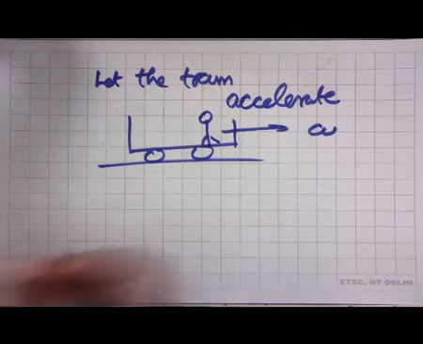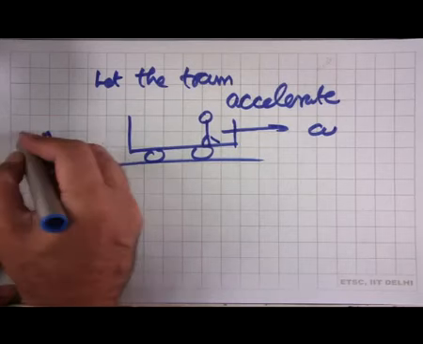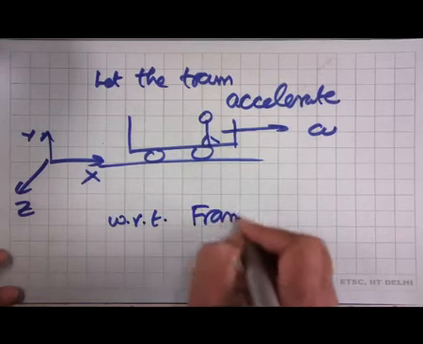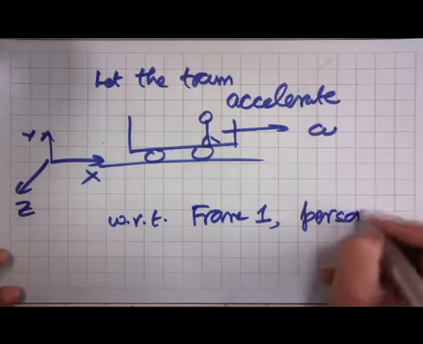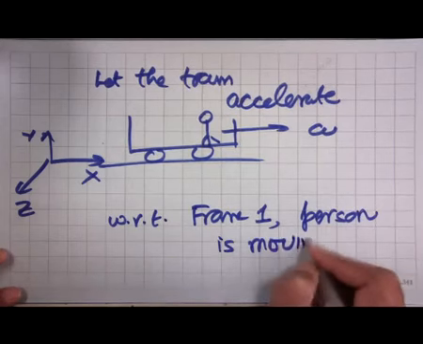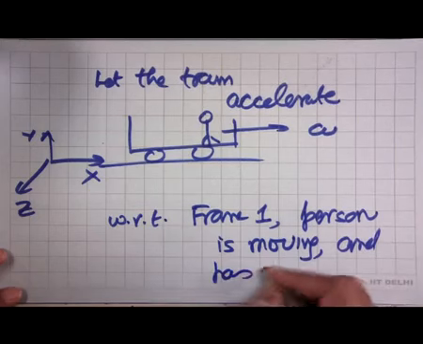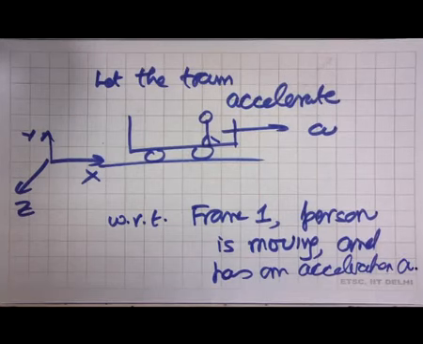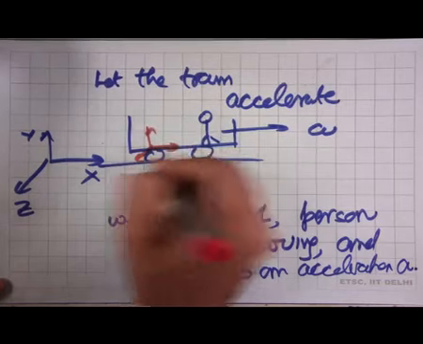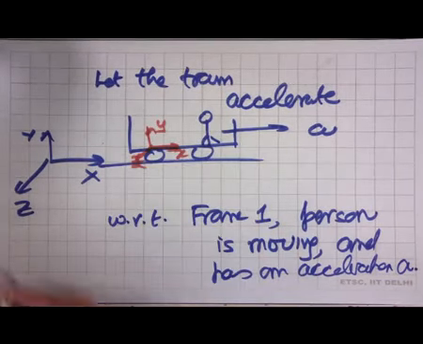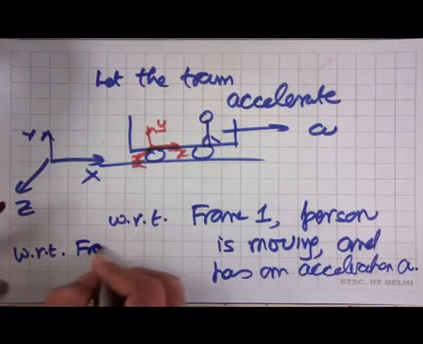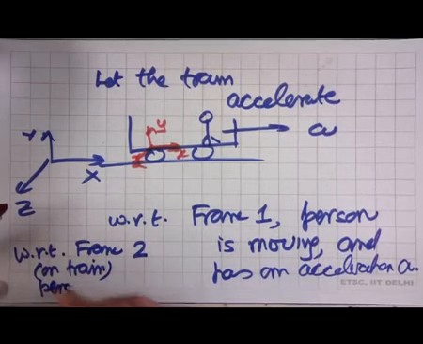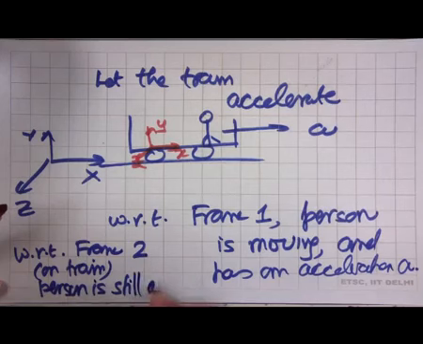Now when we observe with respect to frame 1, the person we observe is moving and has an acceleration a, whereas with respect to frame 2, which is the frame on the train, the person is still at rest.